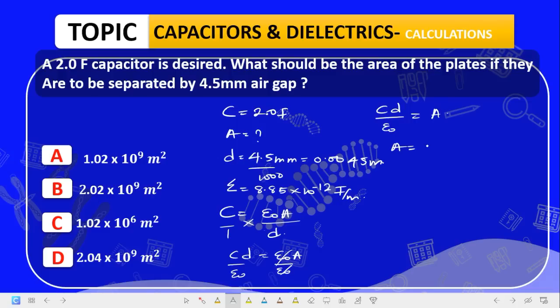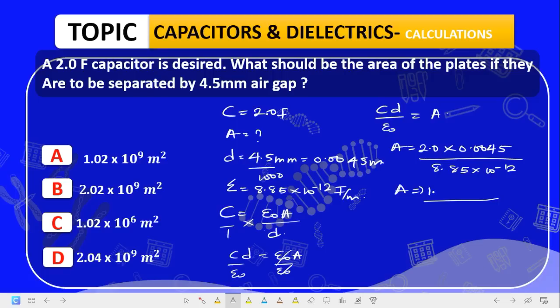Therefore, CD all over epsilon-naught is equal to A. So your A will be equal to, what was the capacitance given? It's 2.0 farad. So it becomes 2.0 times the distance of separation, 0.0045 meter, divided by epsilon-naught, 8.85 times 10 raised to the power of minus 12. Now, if you solve this, it will give you the area in meter squared.